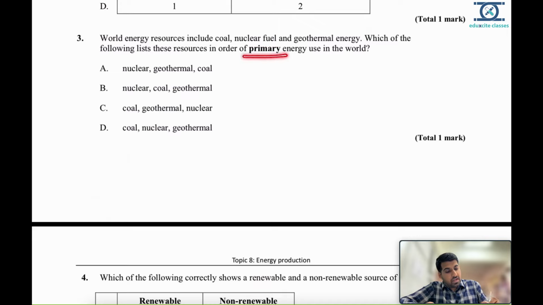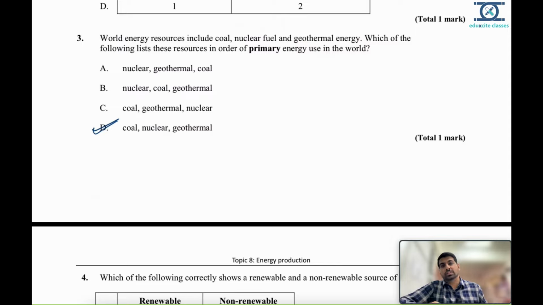Which of these is the primary energy use in the world? So there are 3 energy sources: coal, nuclear and geothermal. Right now at this stage we are using coal the most, then nuclear and then geothermal, because there are certain limitations: we cannot use geothermal at every specific location.